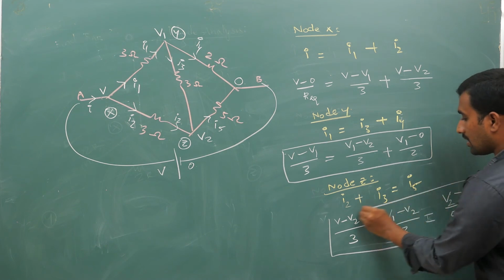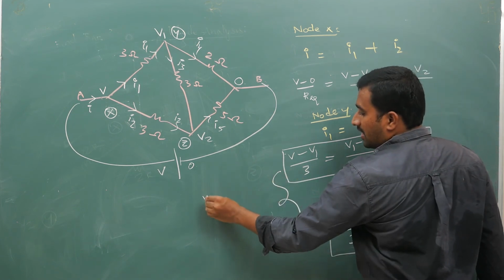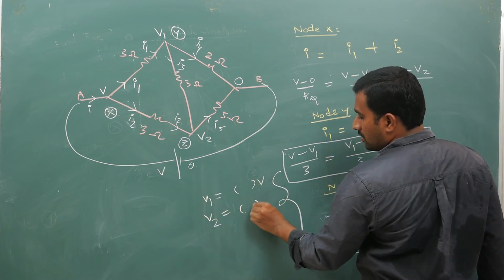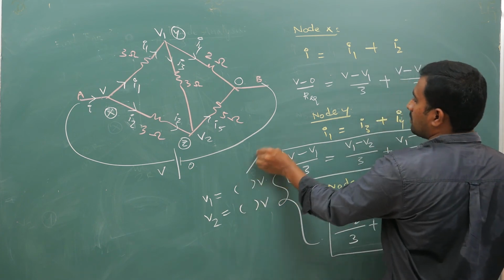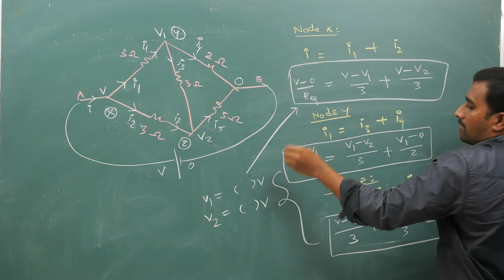This is another equation. Now from these two equations, get V1 equal to something into V, and V2 equal to something into V. Take these values and substitute into the first equation and get R equivalent.